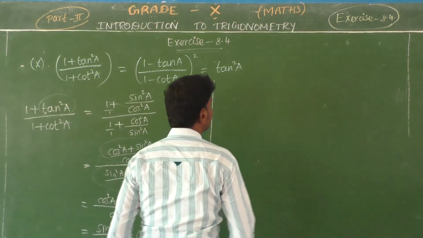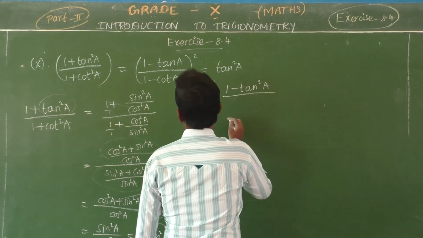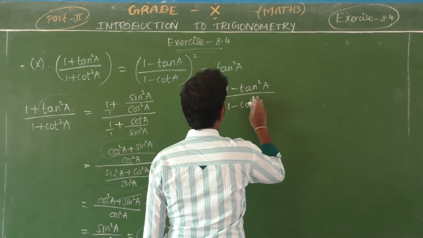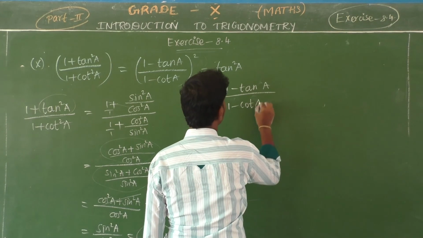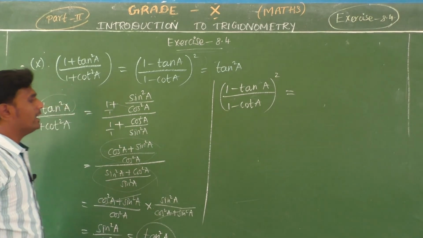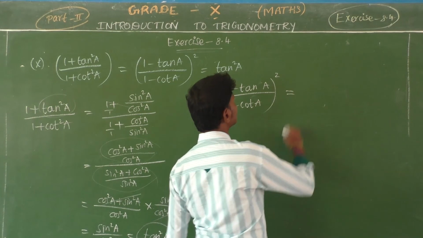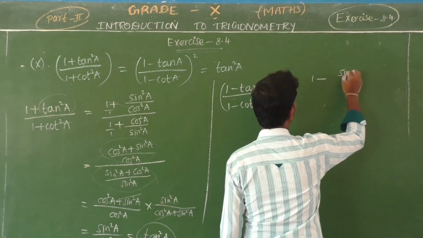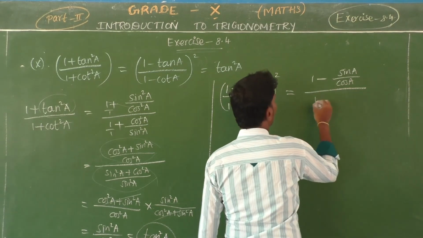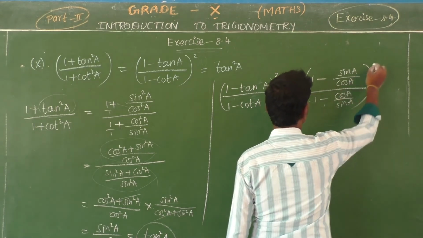Now I am taking the second part also to prove the same tan square A. So 1 minus tan square A, the whole divided by 1 minus tan A by 1 minus cot A, the whole square. So this one I am going to take and prove the same thing, tan square A. Now 1 minus tan A means it is very simple, sin A by cos A, whole divided by cot A means cos A by sin A, the whole square.